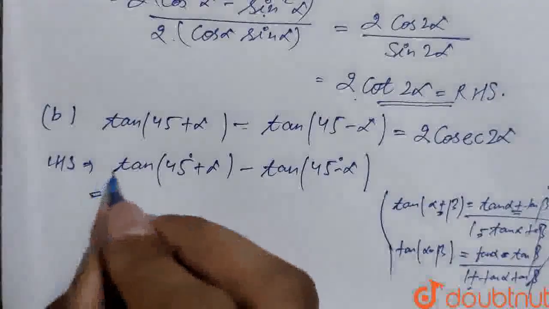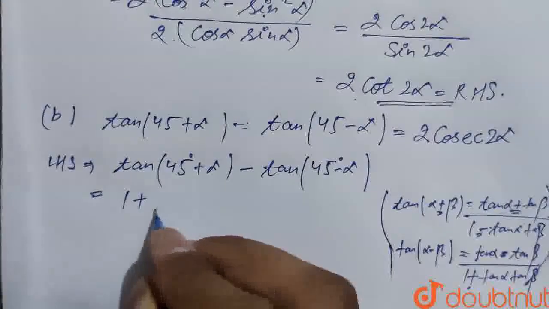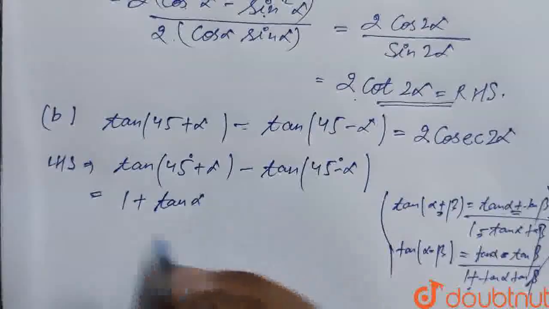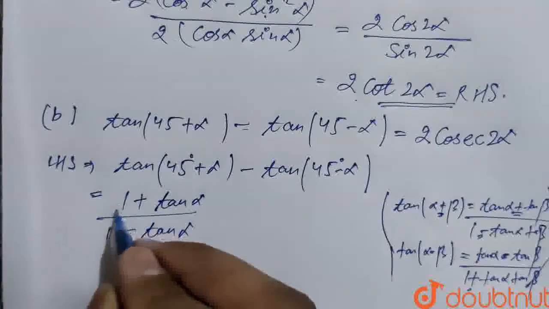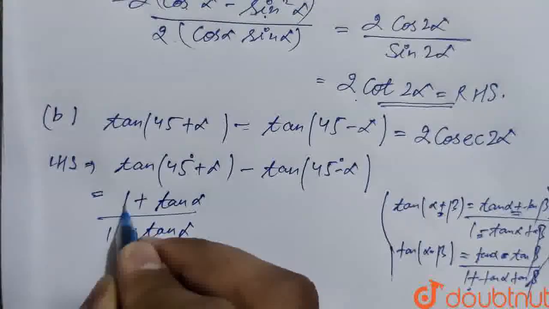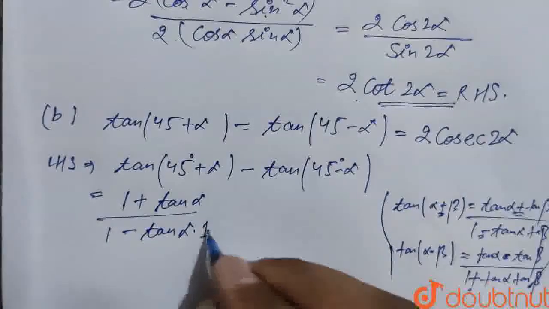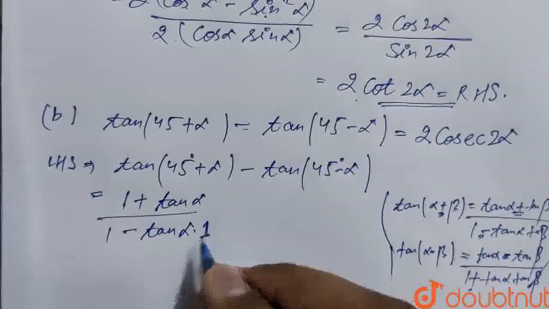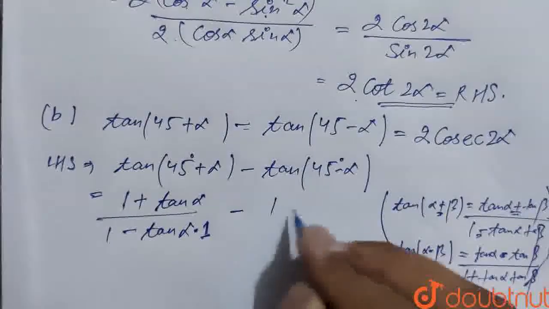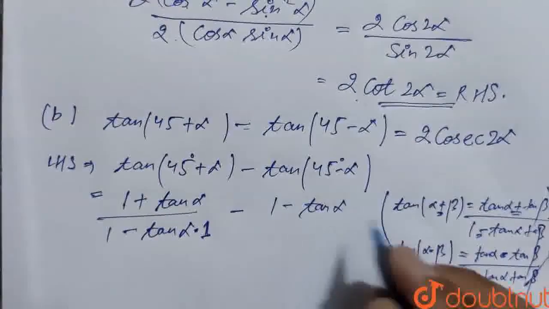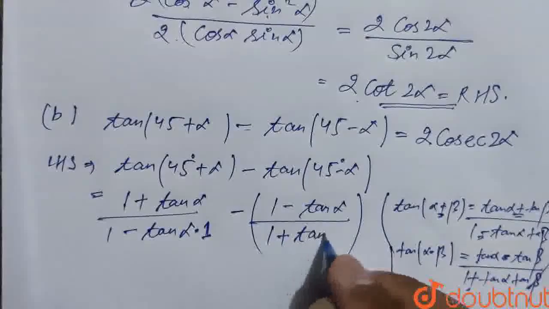So using this formula it can be written as 1 plus tan alpha upon 1 minus tan alpha, because here tan 45 will come and we know that tan 45 equals 1. Here also tan 45 is written in the form of 1: 1 minus tan alpha divided by 1 plus tan alpha.